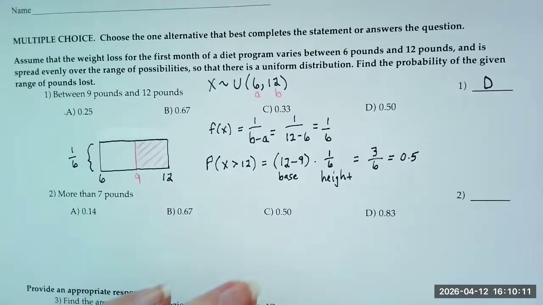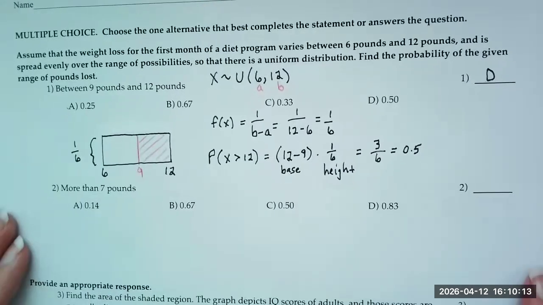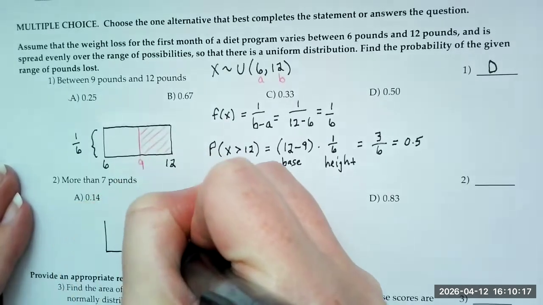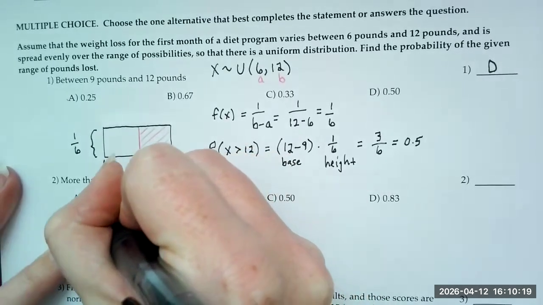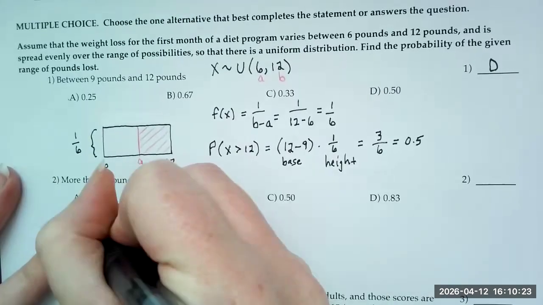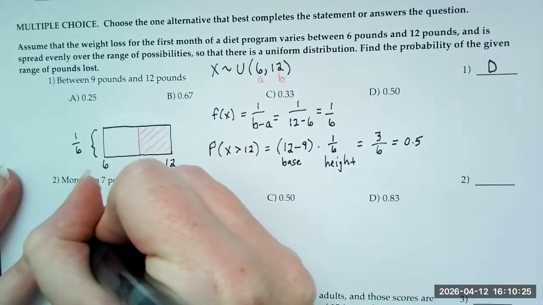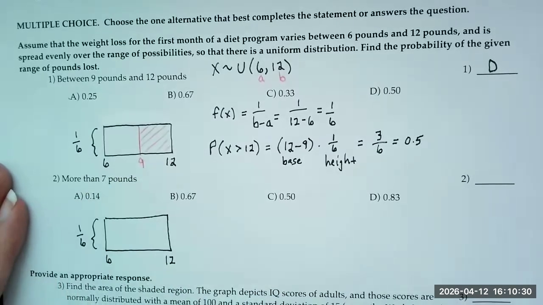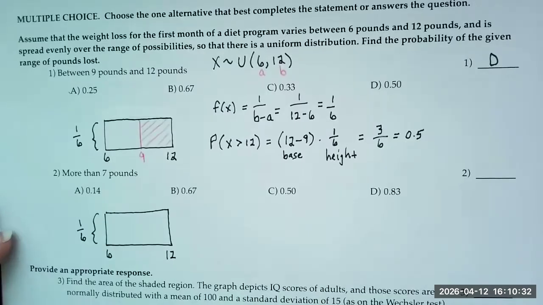Okay, so number 2, we're going to use the same starting rectangle where we start at 6 and end at 12. And it'll have the same height of 1/6. But now it says, what's the probability that the weight lost is more than 7 pounds?